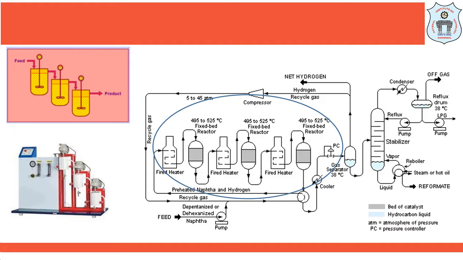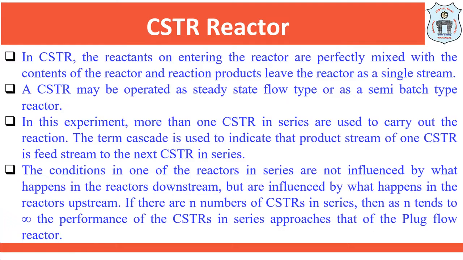So if you consider the CSTR, the reactants on entering the reactor are perfectly well mixed with the contents of the reactor, and the reaction products will be leaving the CSTR as a single stream. A CSTR can be operated either at steady state flow, or even as a semi-batch type reactor.